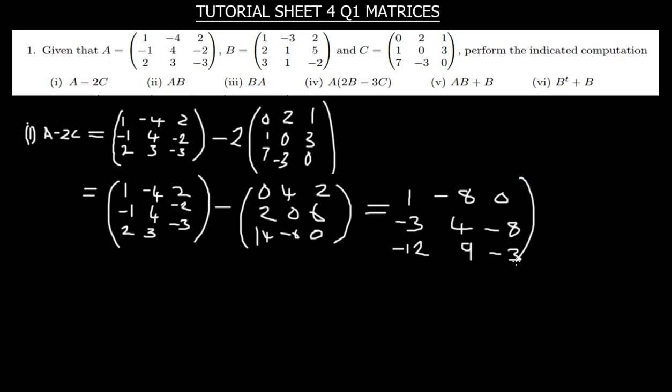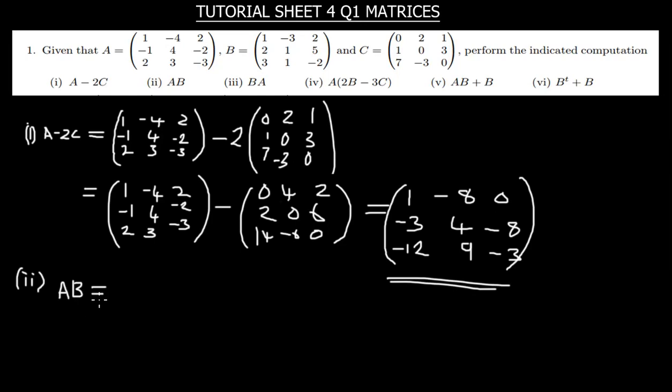So this is going to be our answer for question 1. As simple as this. So matrices are not difficult, they are not hard. This is how you answer questions, simple. We move on to the next question.